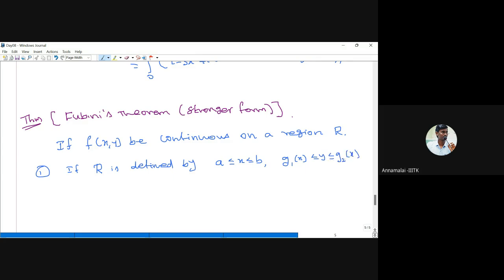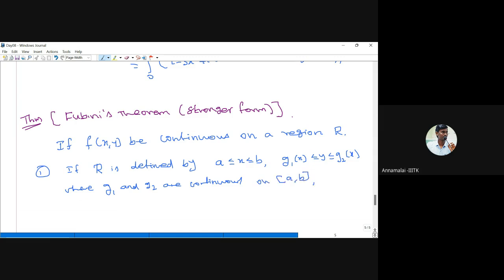These y bounds depend on x, where g1 and g2 are continuous functions on the closed interval a comma b, because x ranges over a to b.